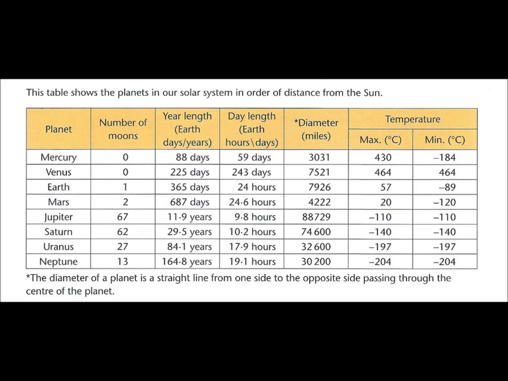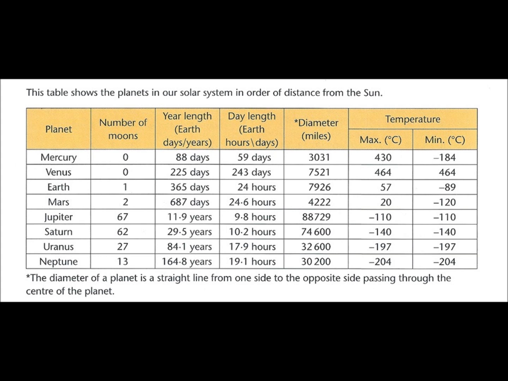There we are, and we're looking for zeros here. We can see 0 moons, Mercury, 0 moons, Venus, and you'll see that all the other planets have at least 1 moon. So there are 2 moonless planets, namely Mercury and Venus.